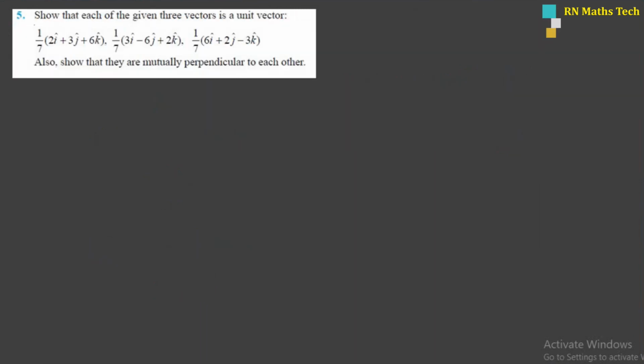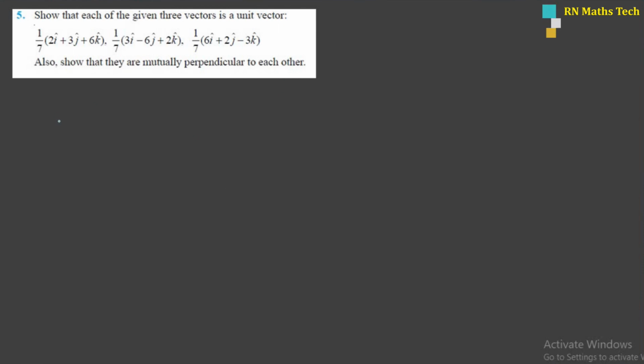Now the fifth problem: show that each of the given three vectors is a unit vector. Also show that they are mutually perpendicular to each other.